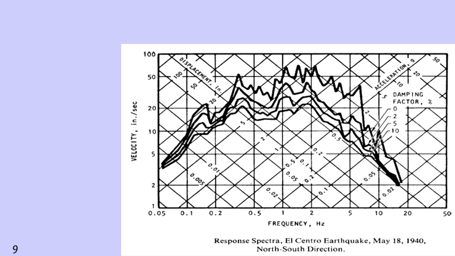Then we go directly to that, and here we have four plots, each corresponding to one damping value: damping 0, damping 2%, damping 5%, and damping 10%. Let us take say 0 damping. So 0 damping is the last curve. We go there, hit that curve, and then come directly here and read this one. Please note that this plot is in log scale, so we need to read it like that only.